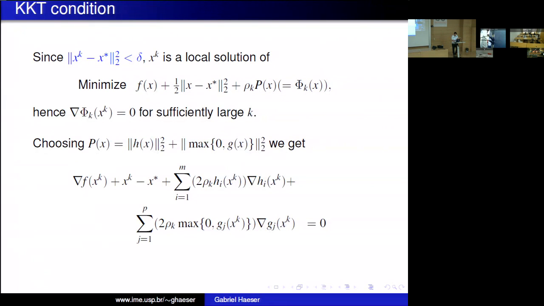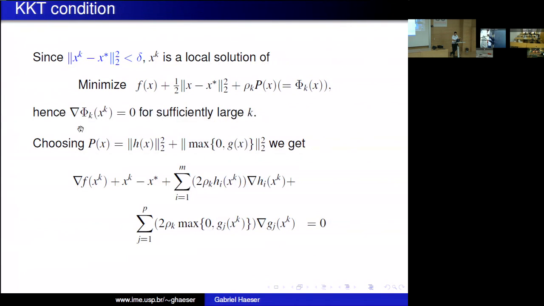Now we will look at this particular formula for p. This is the first time that we need to look at this formula. Everything we've done before holds for any other function p. So if you have this function, we can compute its derivatives.